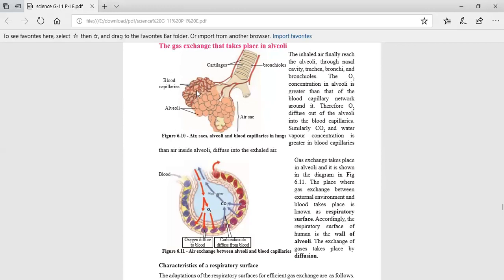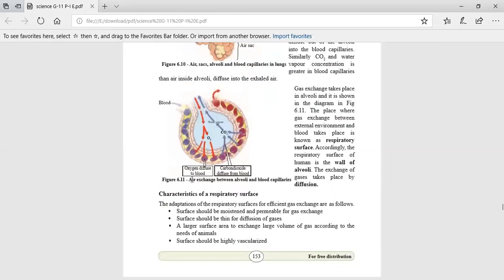Similarly, the CO2 and water vapor concentration is greater in the blood capillaries. The carbon dioxide and water vapor in the blood capillary is at high concentration, so it diffuses to the alveoli. Here, oxygen comes and diffuses into the blood vessels.